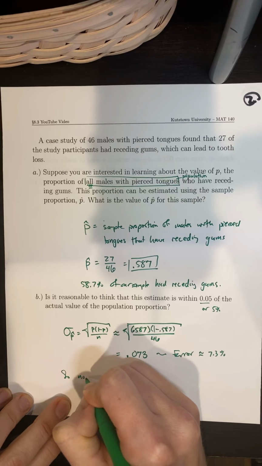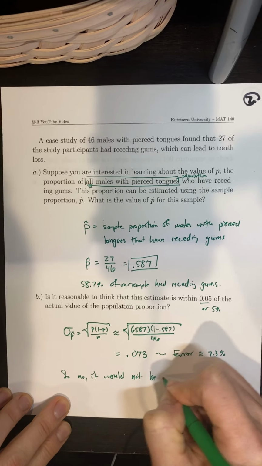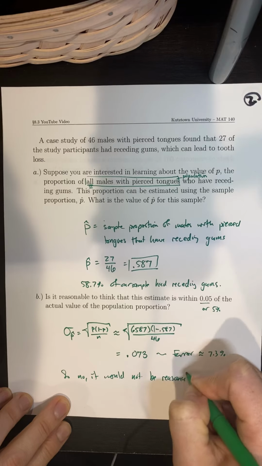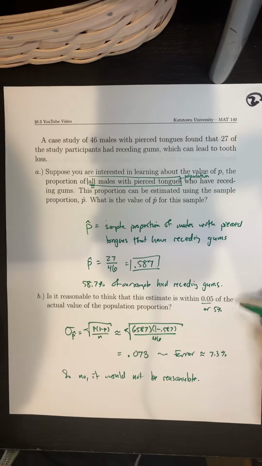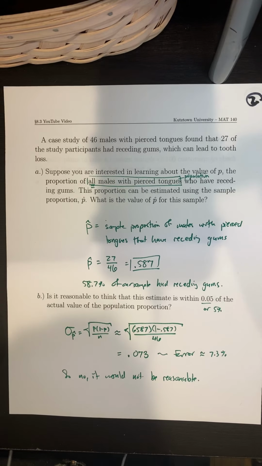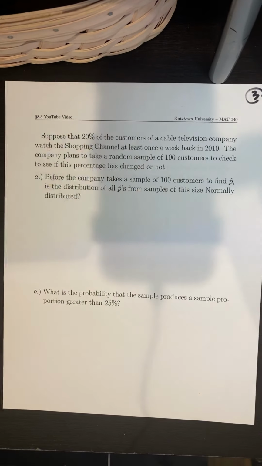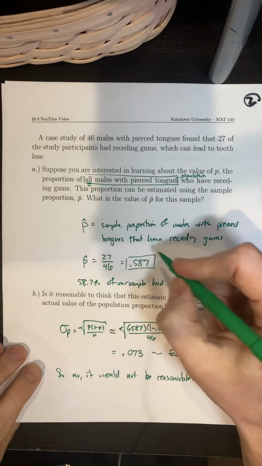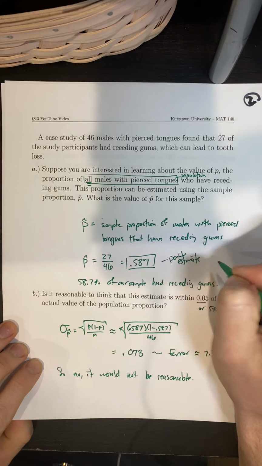So no, it would not be reasonable. You see what I'm saying? My error is actually pretty big. It's bigger than 5%. It would not be reasonable to think that this estimate is within 5% of the true population proportion. So that's how you determine a point estimate with its associated error.